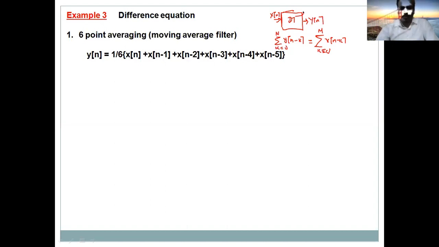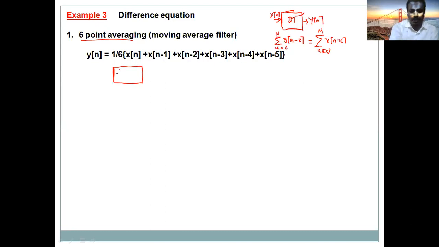Okay, so let's start from our first system, which is called 6-point averaging, or also called the moving average filter. So this is a system. Let's put the system in block form here.